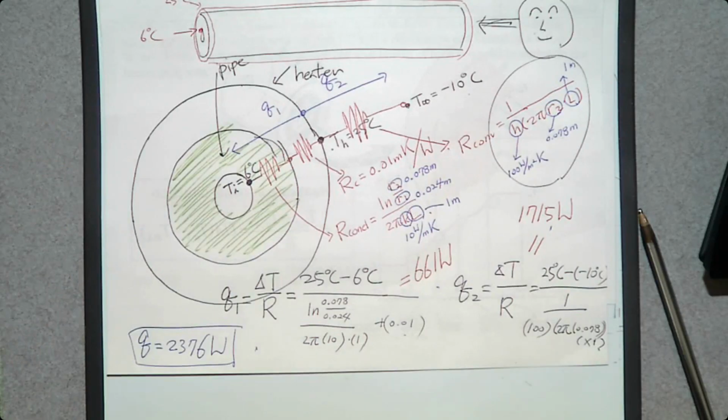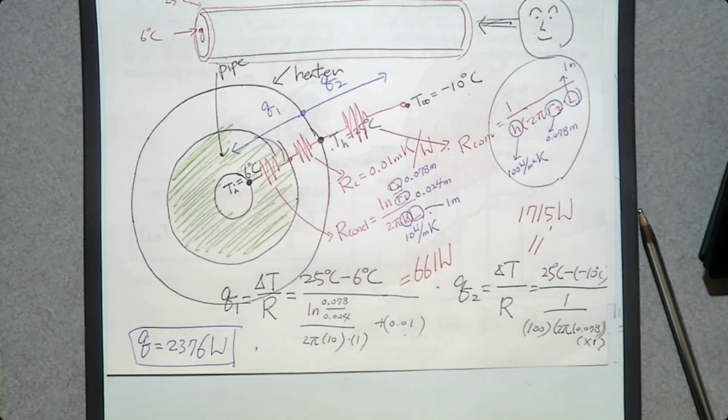So that was the first part of this chapter 3, steady state heat conduction without heat generation. Now the second part is going to be steady state heat conduction with heat generation.